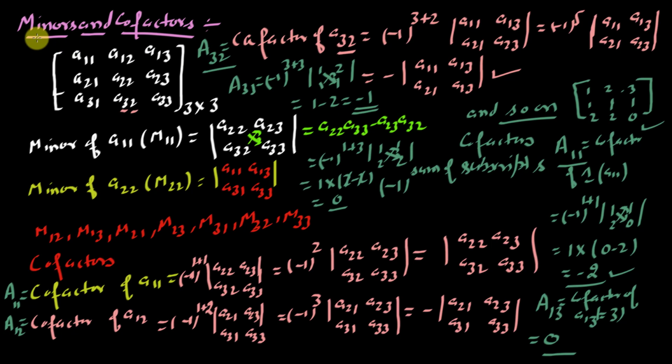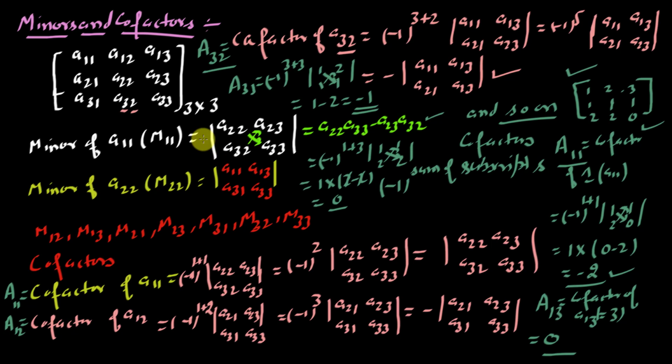So in this we have studied about minors and cofactors of the elements of the matrix and determined the cofactor of the matrix by taking some suitable example. And minor is simply by leaving the row and the column in which the element is present, writing the remaining elements in the determinant sign, and after taking determinant we will get the minor.